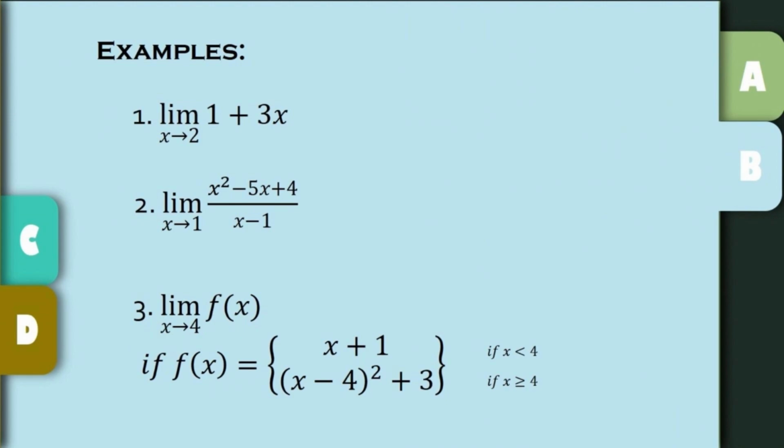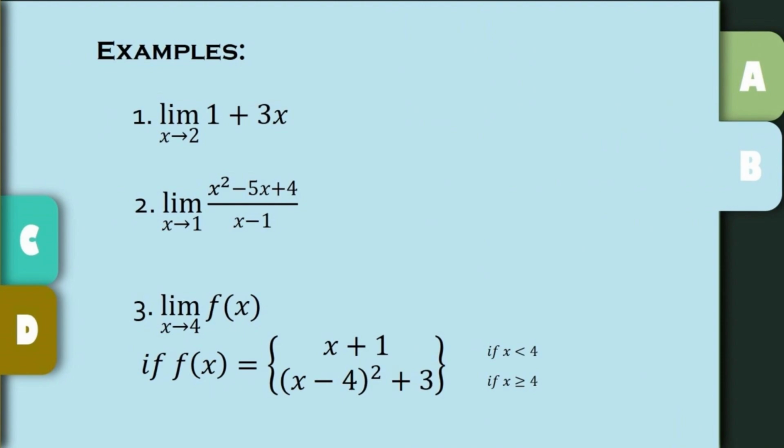Example number 1 is the limit of 1 plus 3x as x approaches 2. Example number 2 is the limit of x squared minus 5x plus 4 over x minus 1 as x approaches 1.